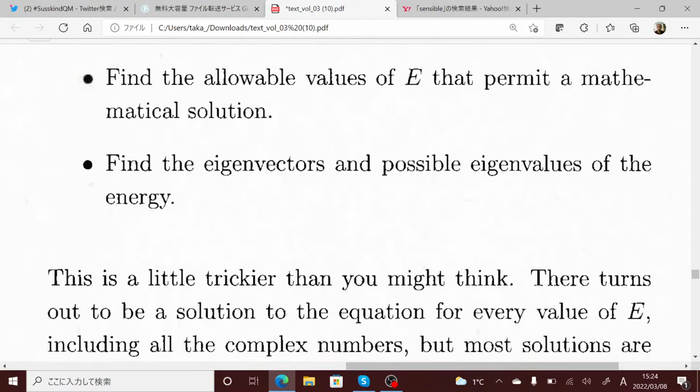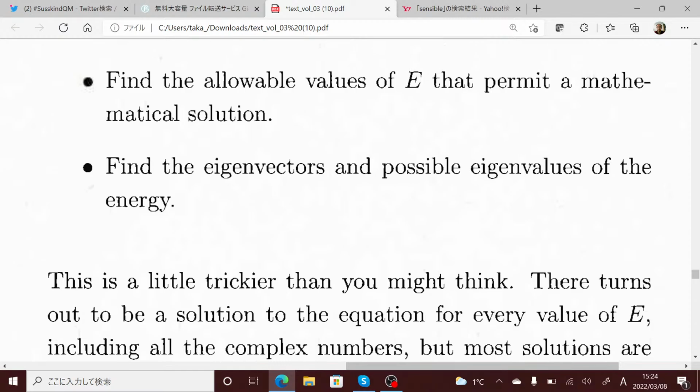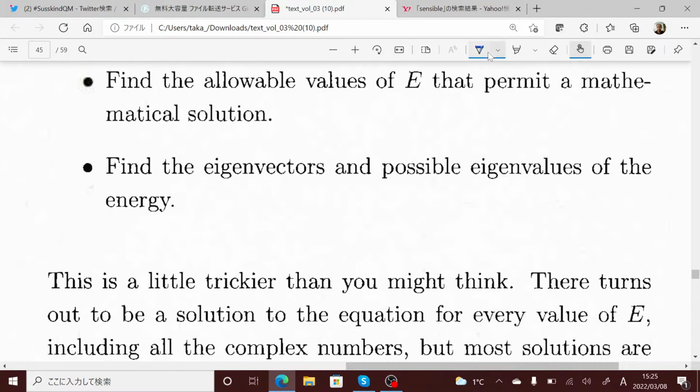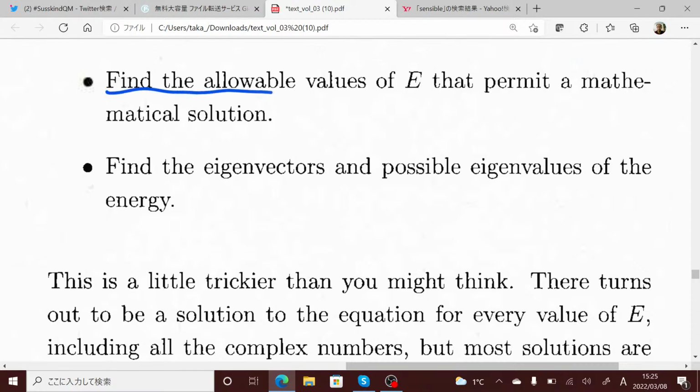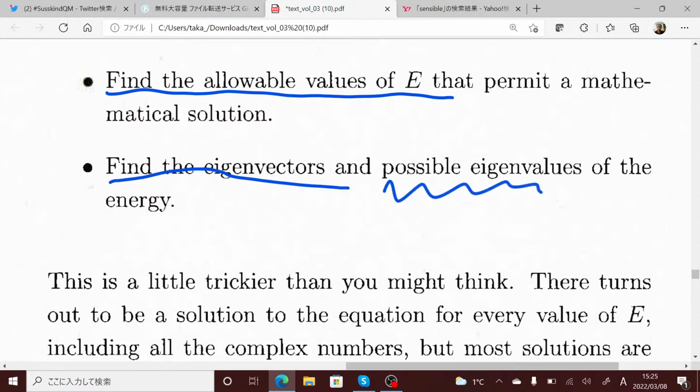Second, we find the eigenvectors and possible eigenvalues of the energy. This is very simple. So number one, we find the allowable values of E. Second, we find the eigenvectors.